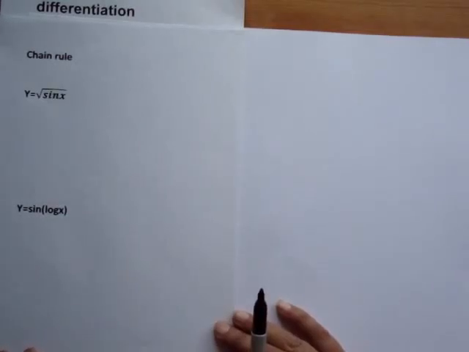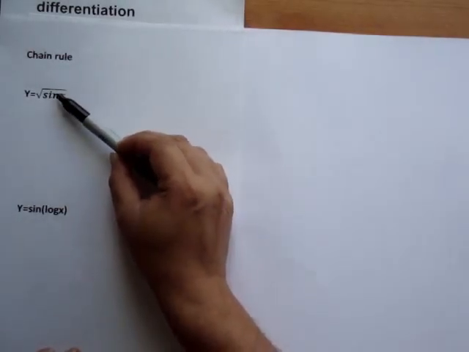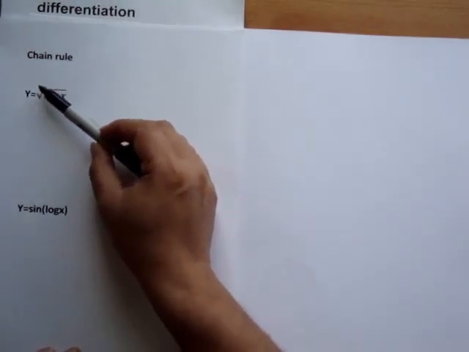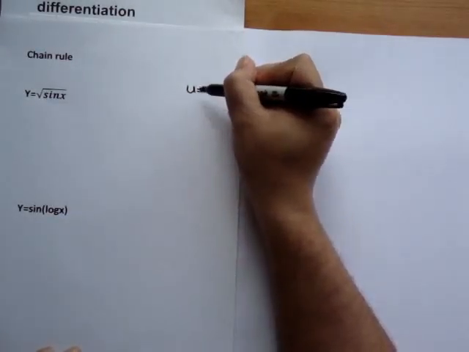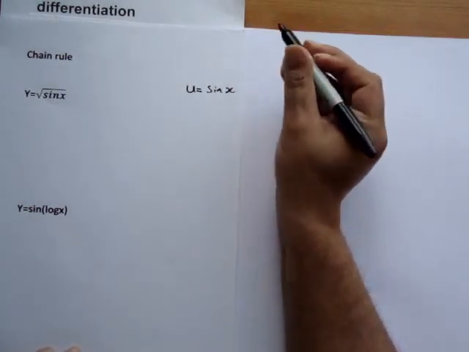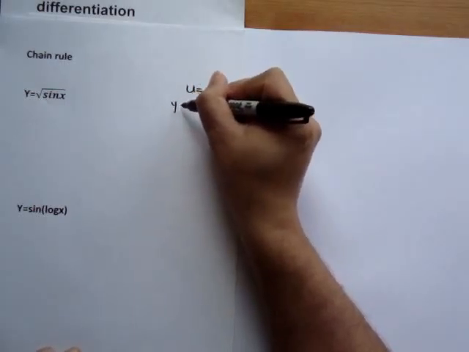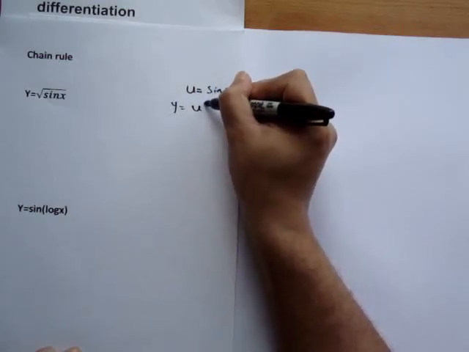Okay, let's go over a few examples of the chain rule and its application. So y equals square root of sine of x. Again, we have a function, sine of x, within another function, which is the square root. So we have to apply the chain rule. u equals sine of x, and then y equals square root of u, or u to the power half.